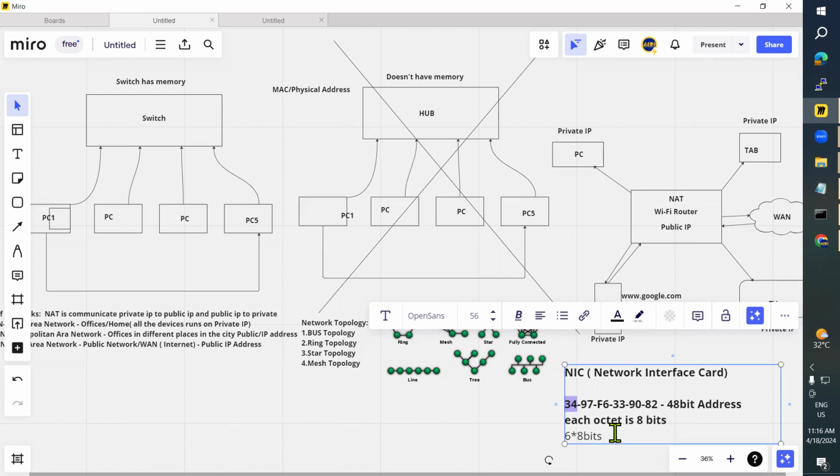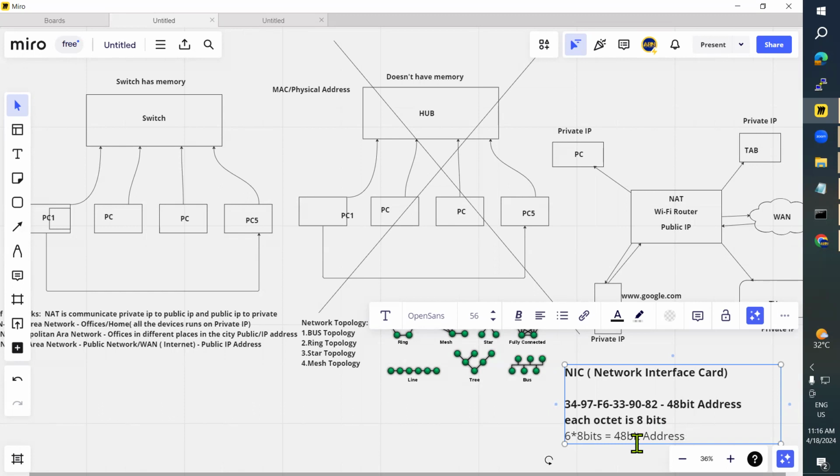Each octet is 8 bits. So these are 6 octets. 6 into 8, 48, right? This we call a 48-bit address. Okay.